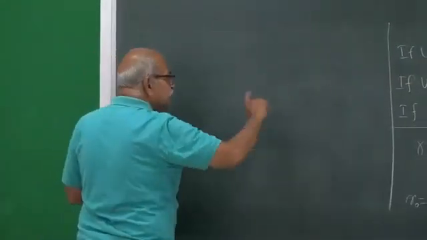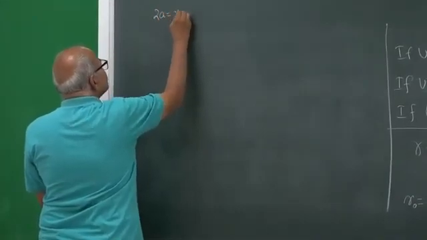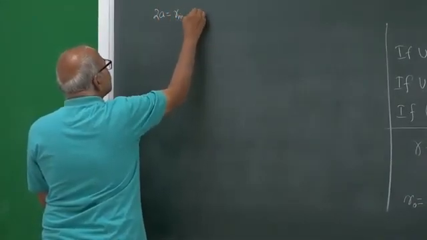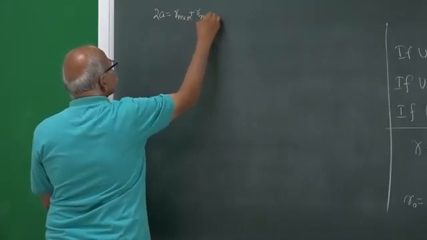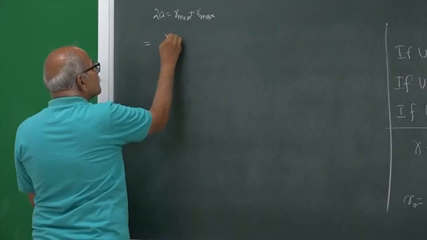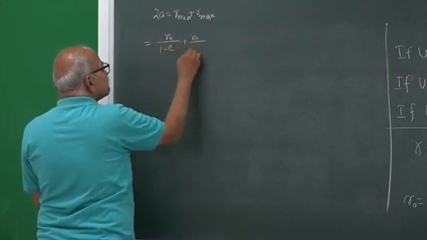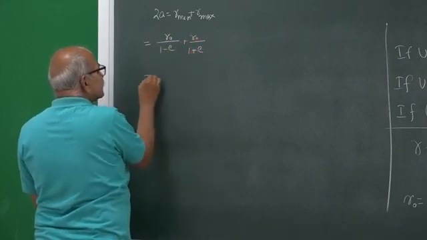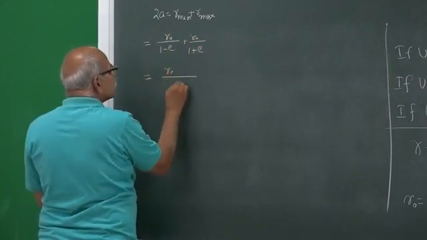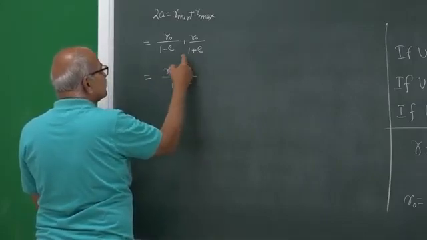So, if you write that major axis 2a, that is r min plus r max, this is the major axis, and this is r naught divided by 1 minus E plus r naught divided by 1 plus E, and that is r naught. Here you have 1 minus E square, and then you have the sum of these two, which is 2.